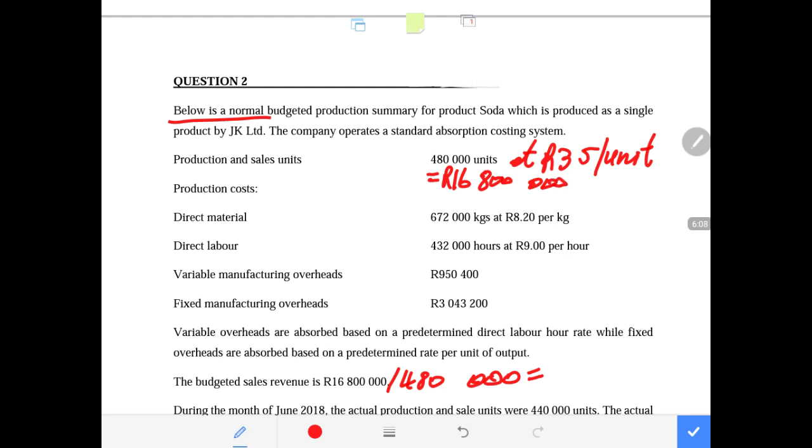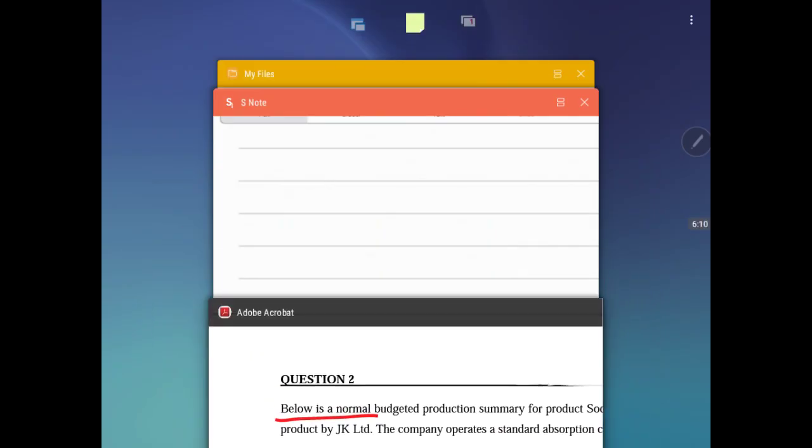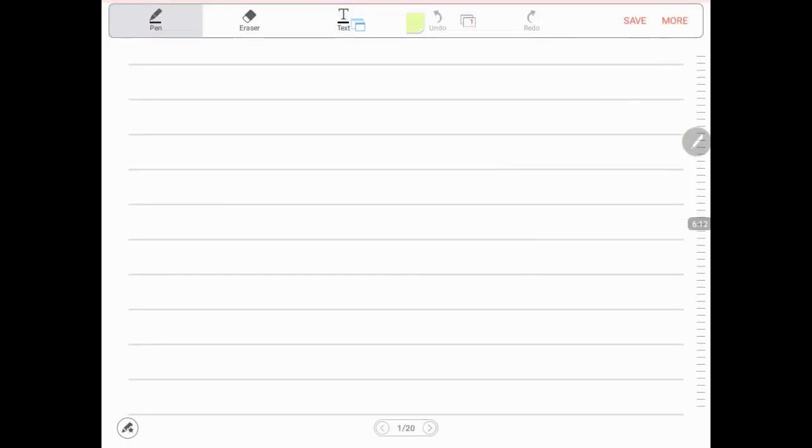So now remember, when we are compiling our standard cost card and the gross profit per unit, we are doing the first requirement, compiling the standard cost card. Our standard cost card is where we deal with the cost per unit. We start with the sales per unit, or selling price per unit.